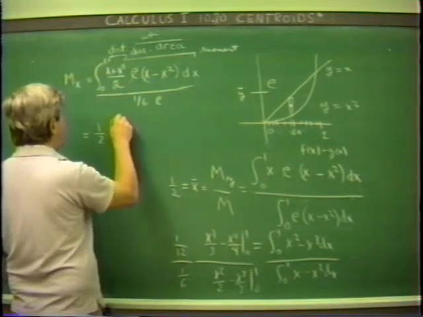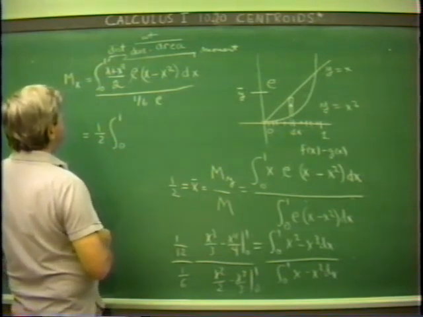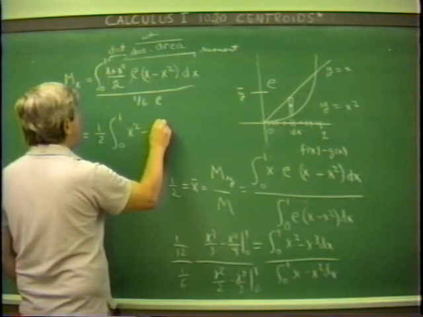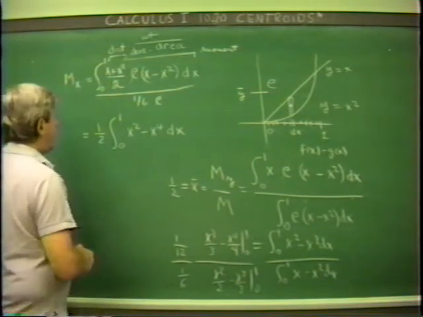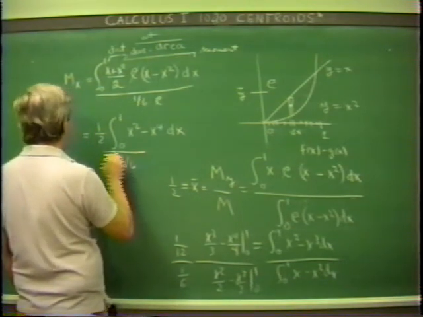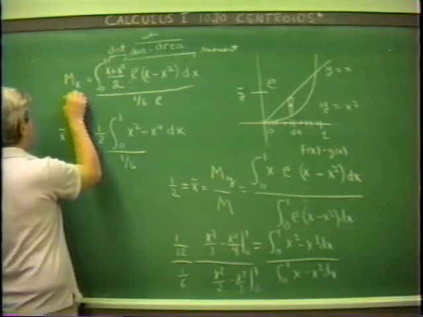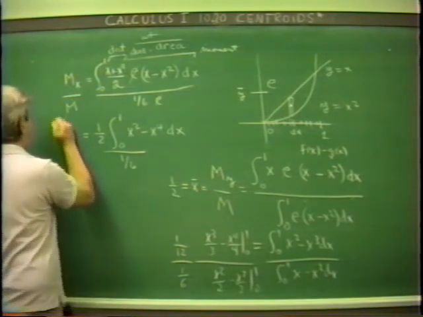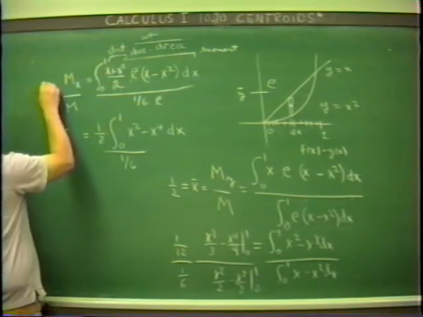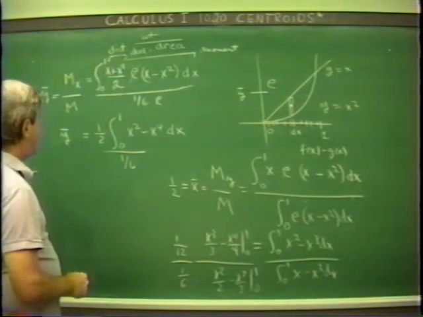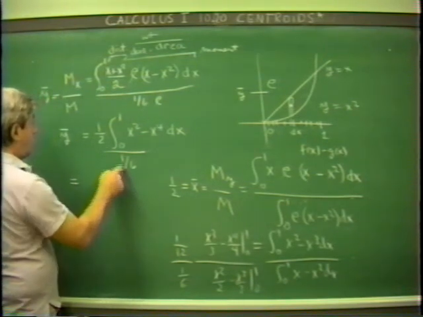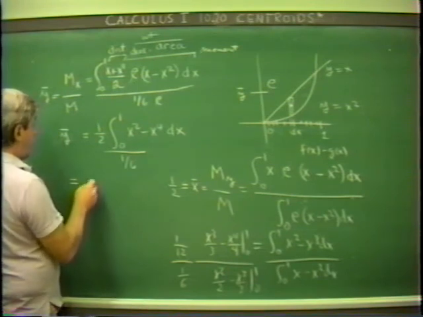And now here we've got x plus x squared times x minus x squared, so this is going to be equal to 1/2 from the 2 here, integral from 0 to 1 of x squared minus x to the fourth dx, divided by a sixth. This is going to give us x bar. This is Mx over M, I'm sorry, not x bar, y bar.